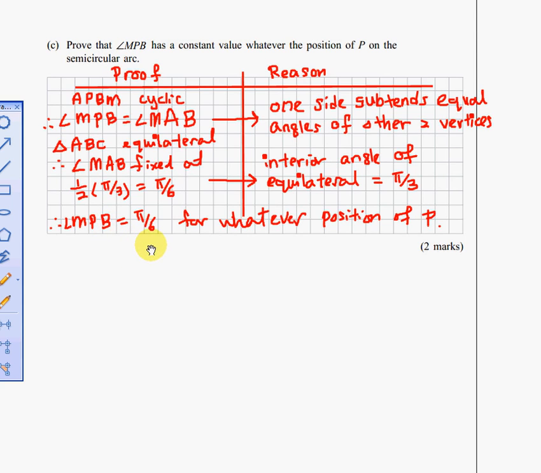And so the MPB, we have shown that is actually a constant, whatever the position of P may be.